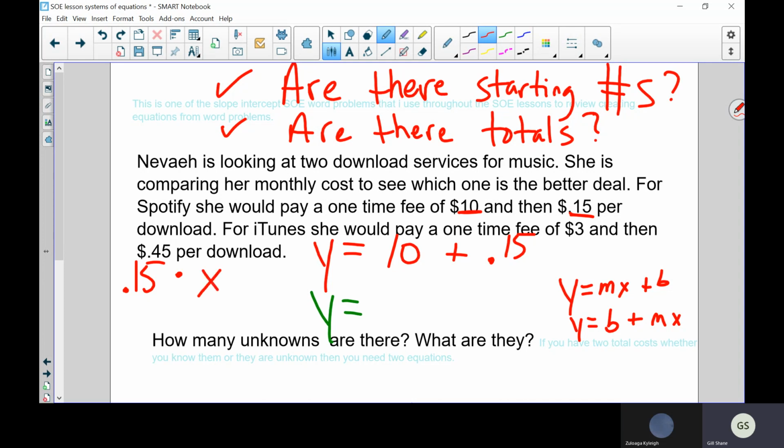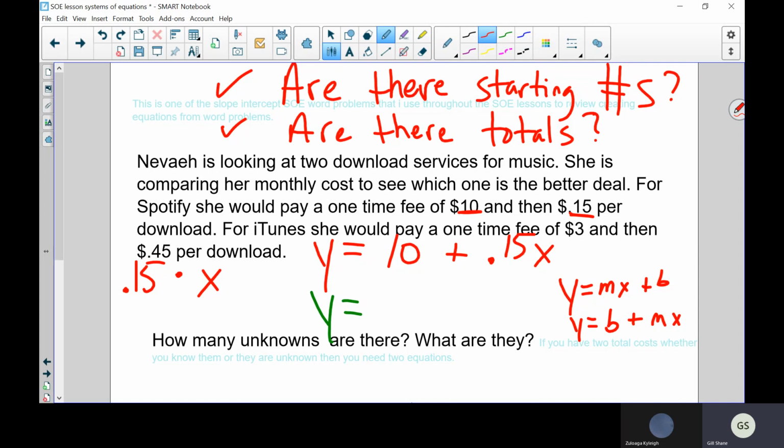So it'd be 0.15 times X. Per, each download, every download. Those words also sort of mean multiply. So that's another way to tell where you would put the X: where is that word per, that word every, that word each. I spent a lot of time on that one.